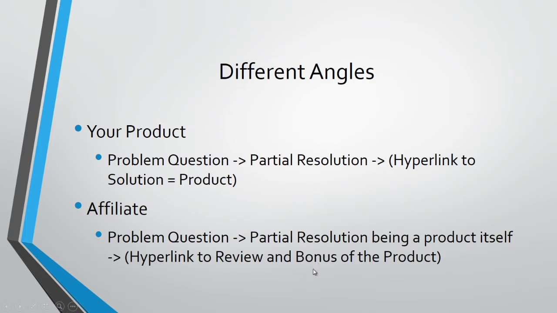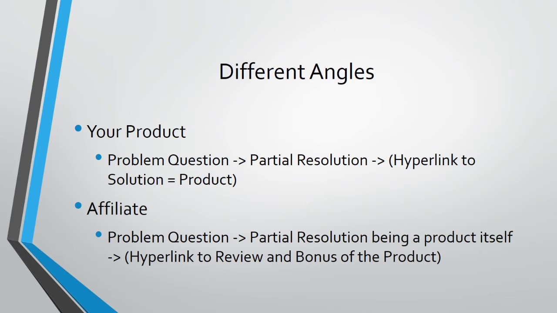The bonus here is just giving people an incentive to buy. And this would help if you are in the online business, internet marketing niche. If you are not, then I wouldn't really worry about that too much. You can always test it out and see if it works. But the bonus is there to give an incentive for people to buy through your affiliate link rather than buying through somebody else's affiliate link.